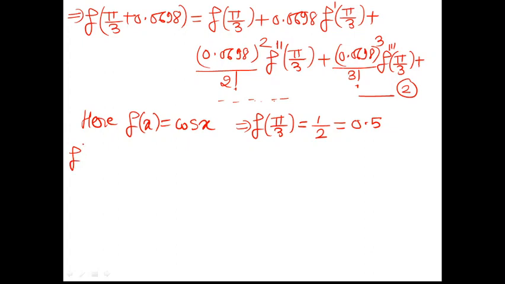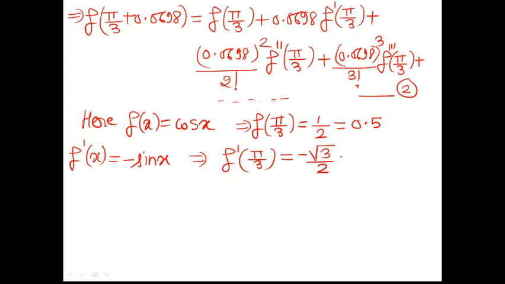Then differentiating, f dash of x, derivative of cos x, is minus sin x. Find its value at pi by 3. Just put x as pi by 3. Sine of 60 degree is root 3 by 2, so it is minus of 0.866.